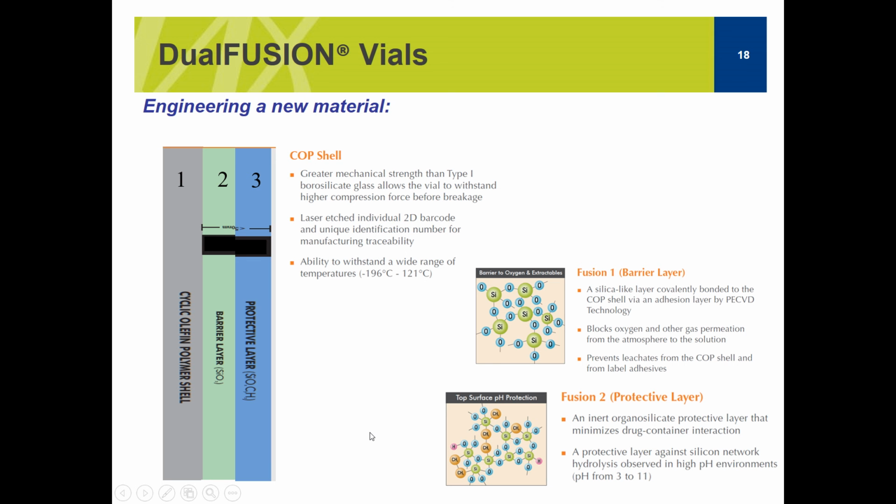Okay, so this is the fusion material. Again, the fusion material combines a cyclic olefin polymer shell, a barrier layer, and then another protective layer. And this is all done by plasma deposition, which we will talk about in different modules.